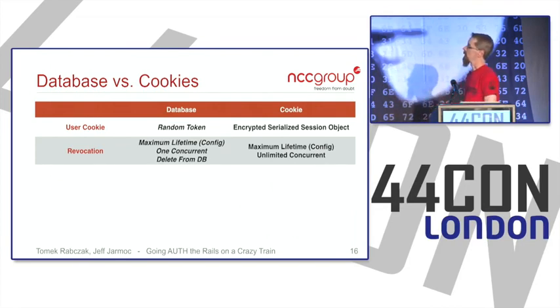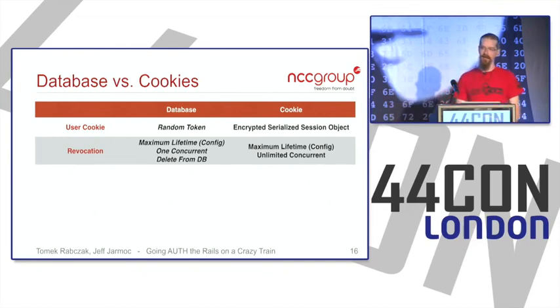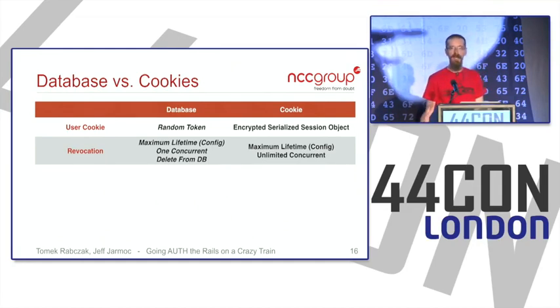So we'll talk about that a little bit later. The big differences, though, are on database sessions, you can really only have one concurrent session because it's associated with the user's record in the database. Whereas with cookie sessions, you can have an unlimited number of concurrent sessions. Depending on your use case, that might be a problem. If you're a banking application, you might not want a user to be able to log in concurrently from multiple machines, something like that.